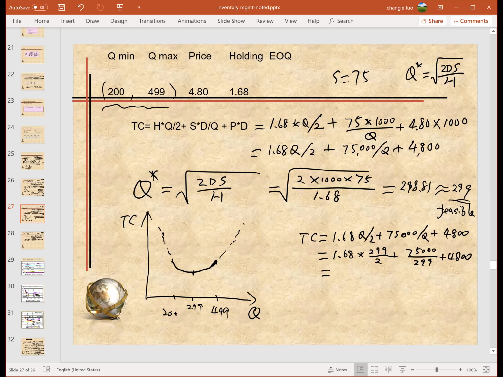And if we finish the calculation, we find that the total cost is 5052. It's right here, 5052.